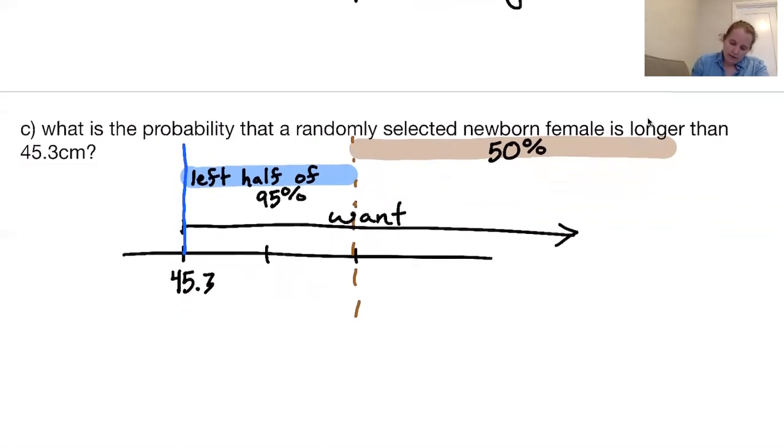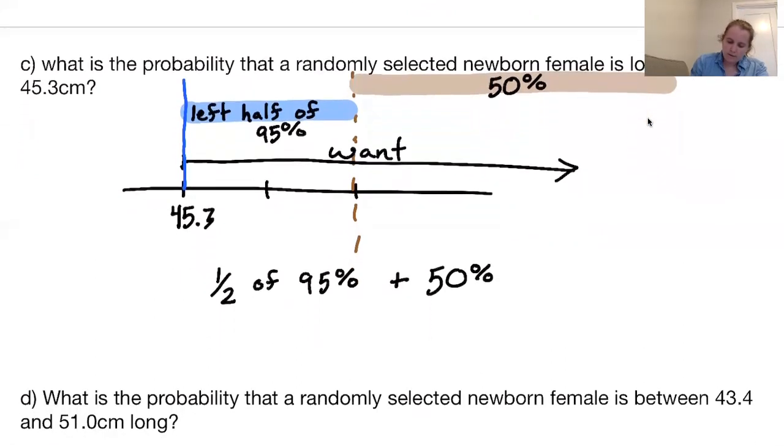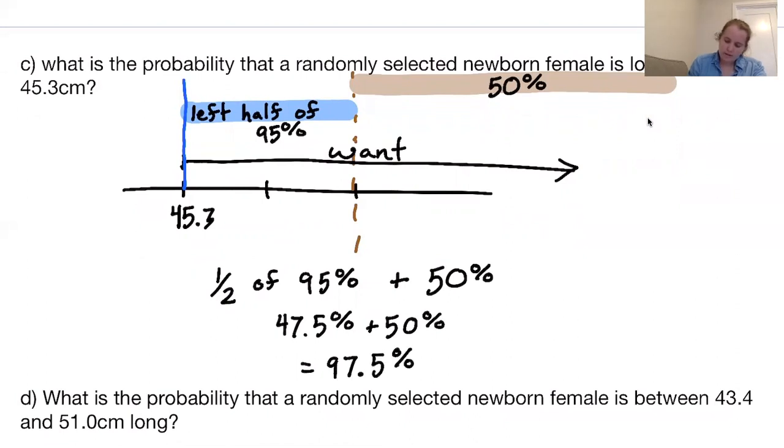So we have our half of 95%, plus that right 50%, or 47.5% plus 50%. And this is 97.5%. So the probability is 0.975.